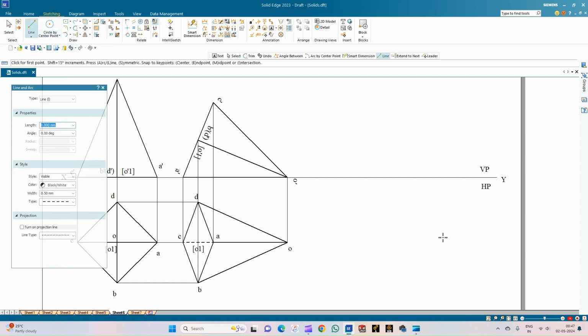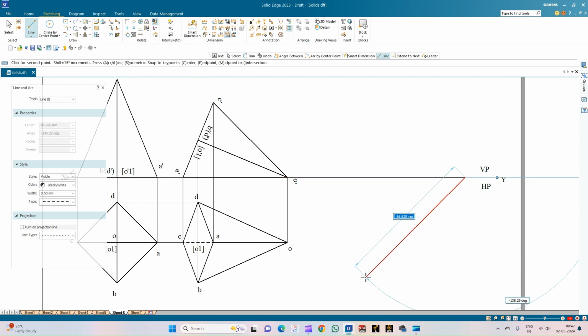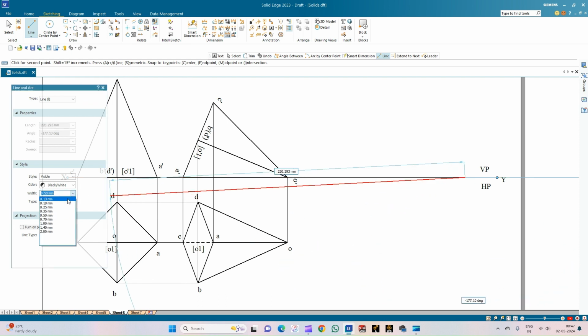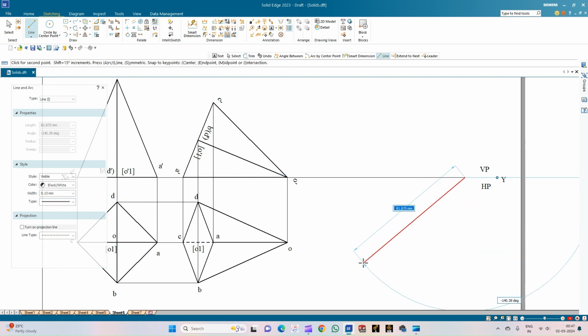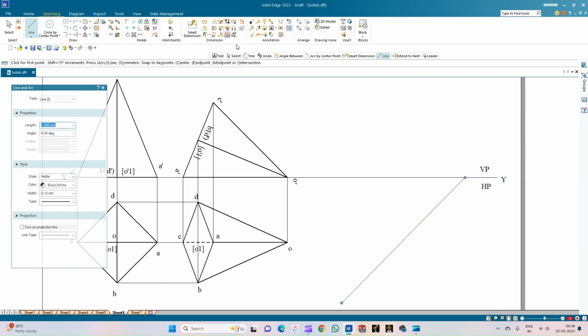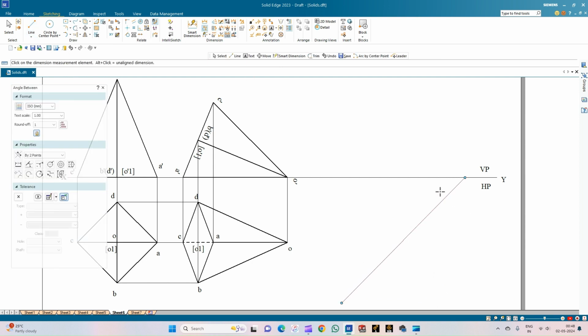So next, let us draw a line which is inclined at an angle of 45 degrees to the vertical plane. So the angle is minus 180 plus 45. So you can use the angle between. So it is 45 degrees.